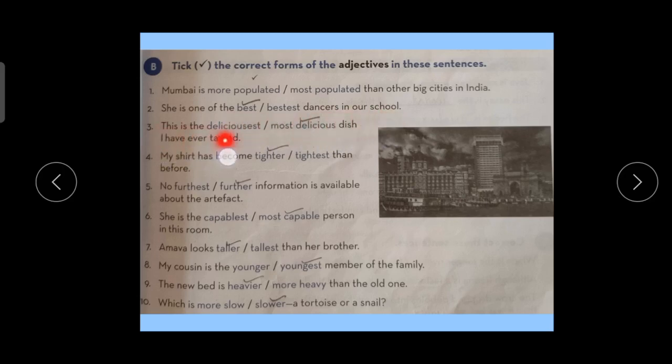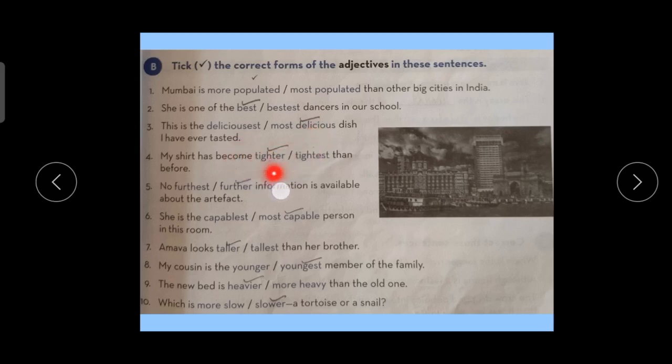This is the most delicious dish I ever tasted. Here, most delicious is correct. Deliciouser is wrong because whenever we form the superlative and comparative degree of delicious, we add more and most to it. We never add er or est to the word delicious.